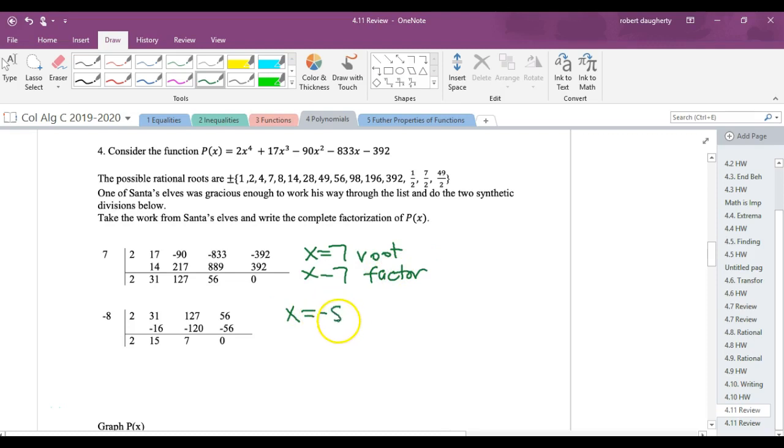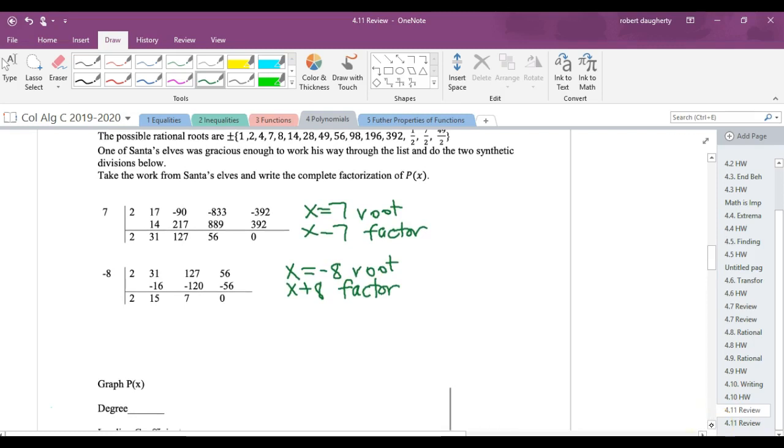Santa's elf found that x equals negative 8 is a root. x plus 8 is a factor. So, according to Santa's elves, this polynomial, p of x, is equal to x minus 7, x plus 8. And then how do you read that information right there?